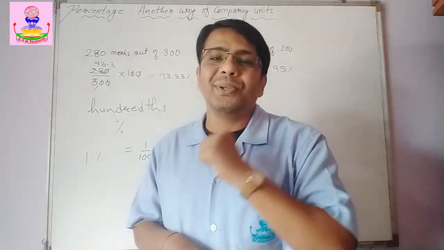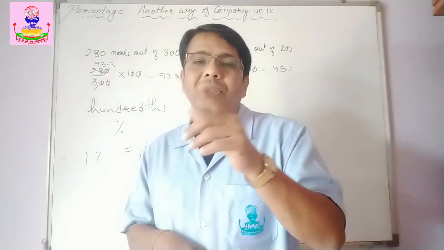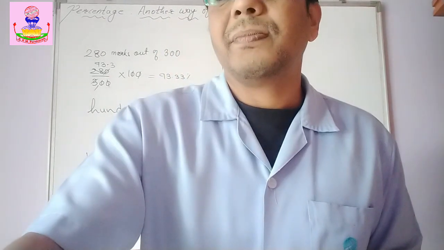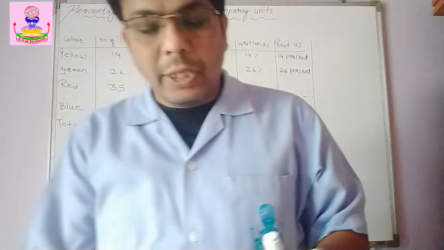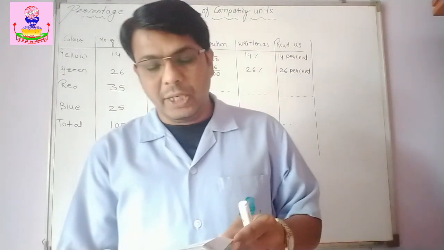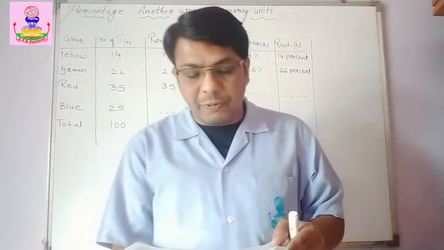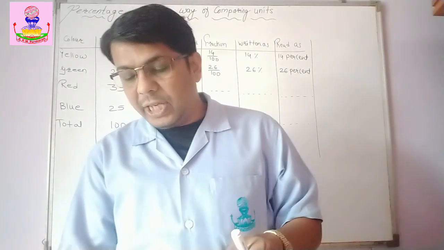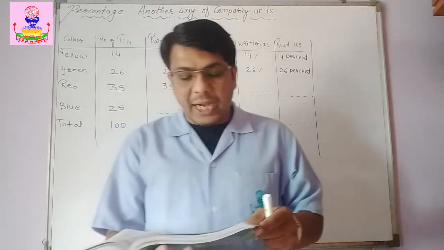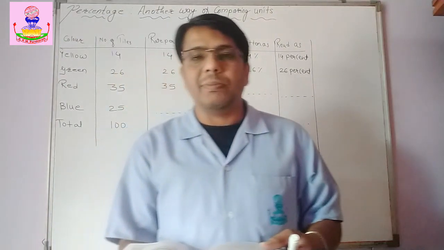So let's try to understand the meaning of percentage with the help of this table. Try this, on page number 158. Reena made a tabletop of 100 different colored tiles. She counted yellow, green and blue tiles separately and filled the table below. Can you help her complete the table?